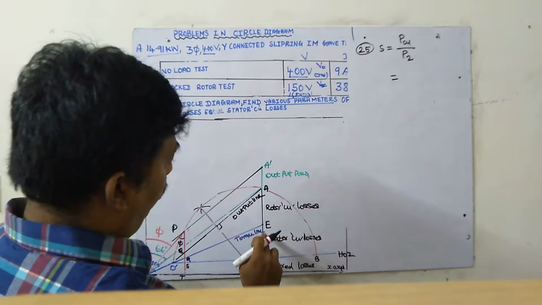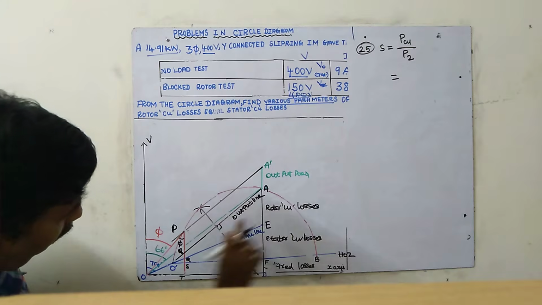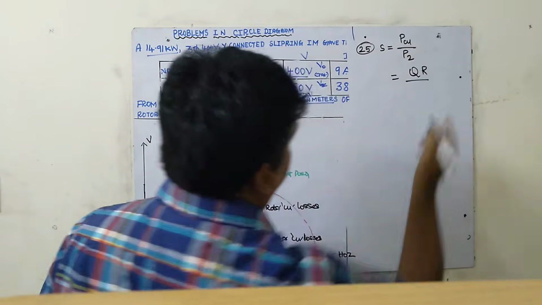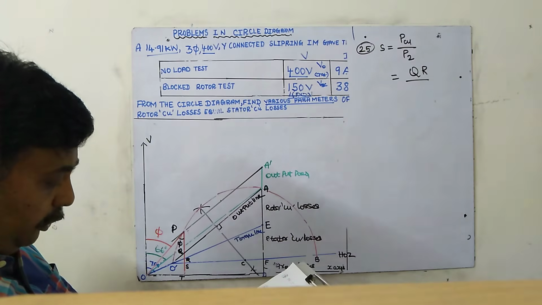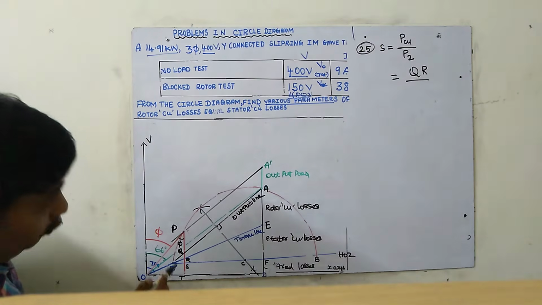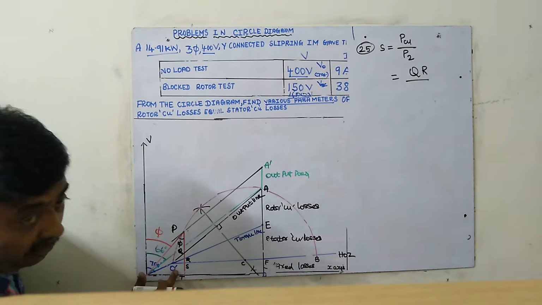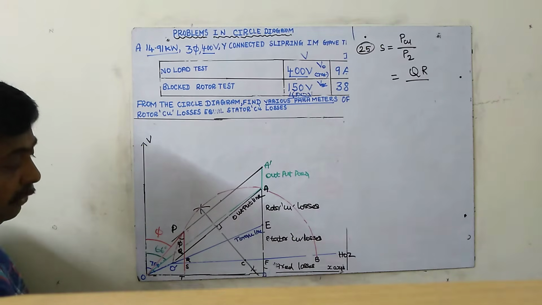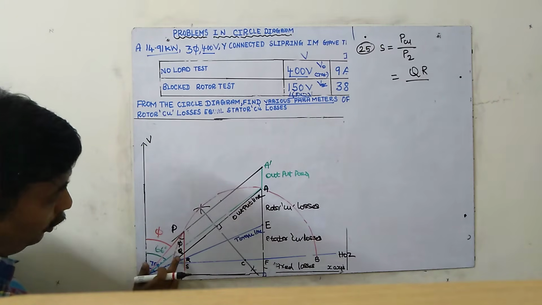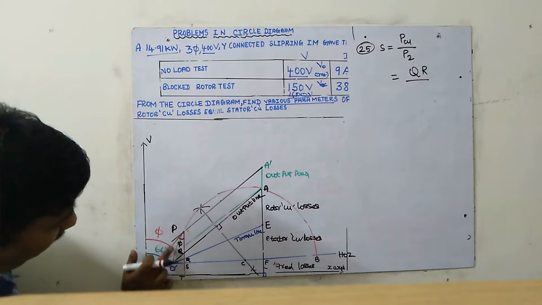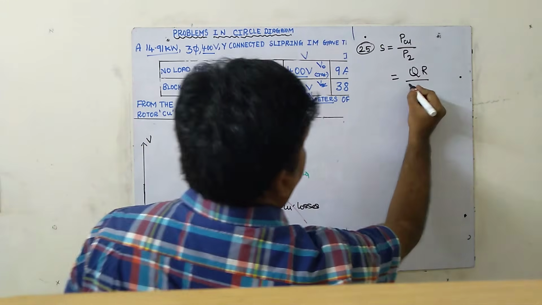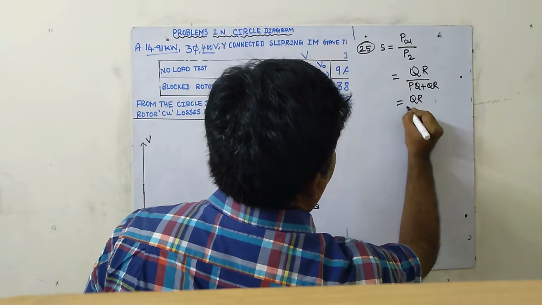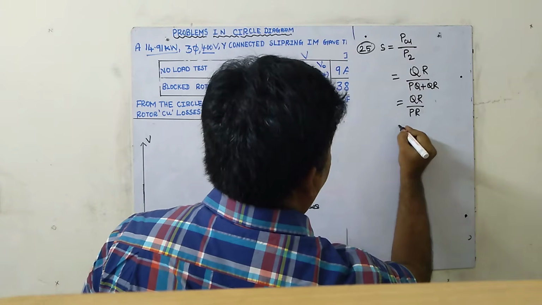Rotor copper losses equal QR. For rotor input, the fixed losses won't come and the stator copper losses won't come, because in stator output the fixed losses and stator copper losses are gone. So rotor copper losses plus output will come: PQ plus QR. So slip is QR divided by PR. All are in centimeters.